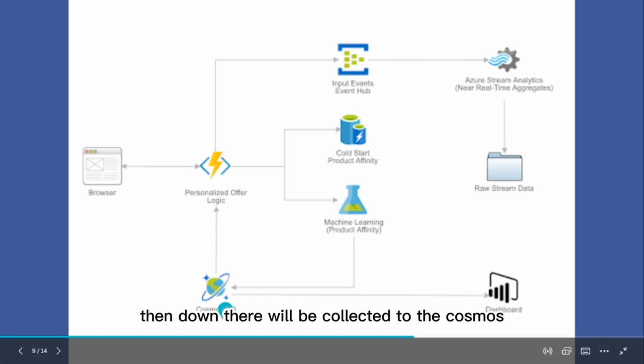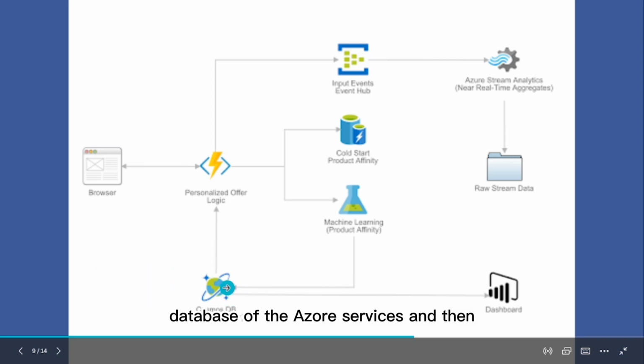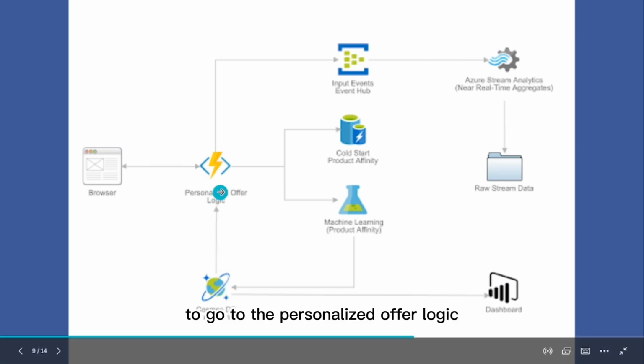Then down there it will be connected to the Cosmos database of the Azure services, and then it also connects to the dashboard, or you can just decide to go to the personalized offer logic.